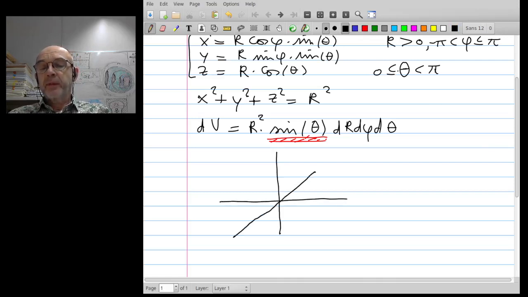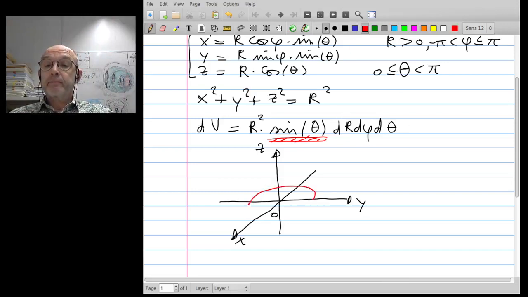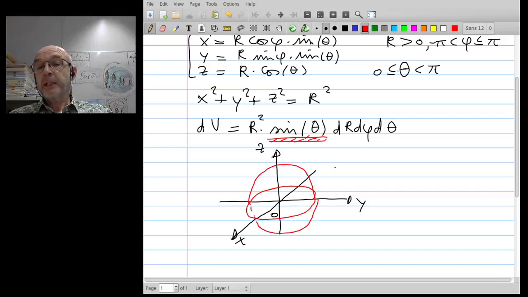You have the three-dimensional space xyz, Cartesian coordinates, and just as I told you, in the xy plane we take the polar coordinates, and in the theta we measure from the positive z-axis.